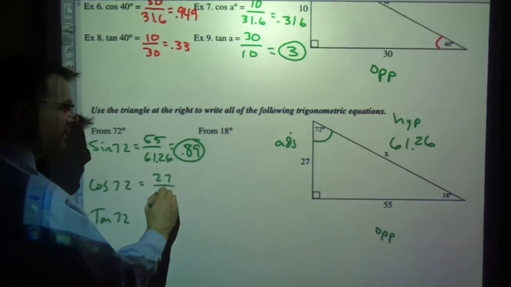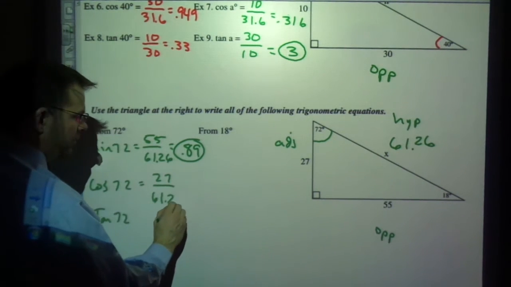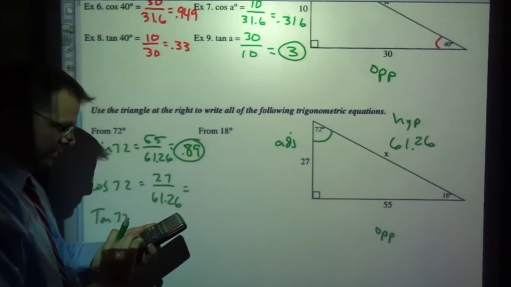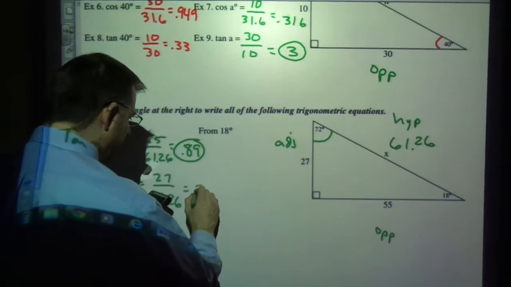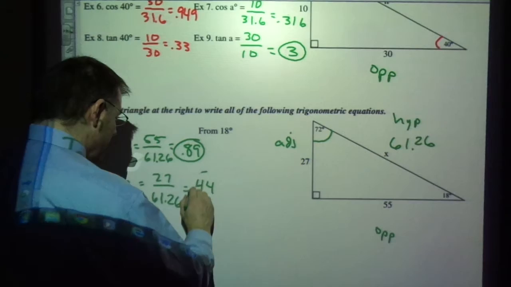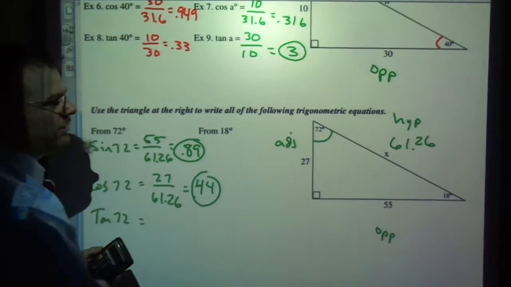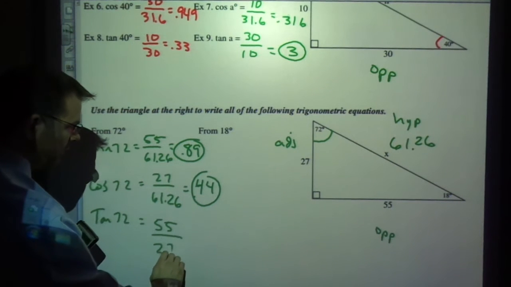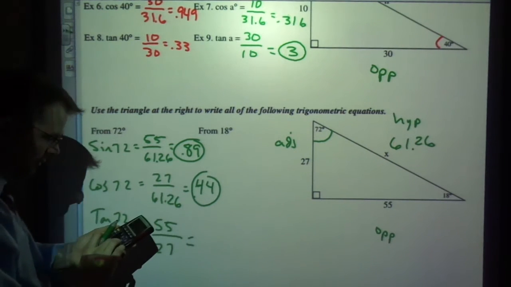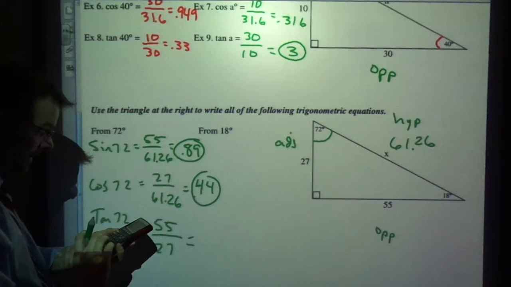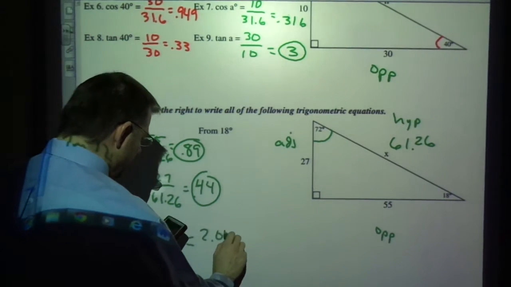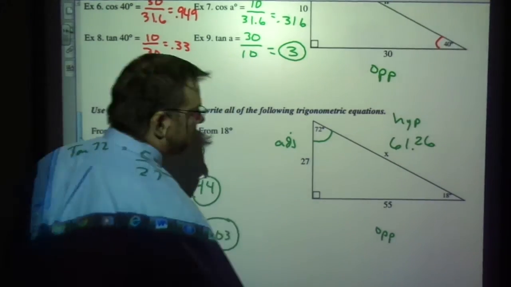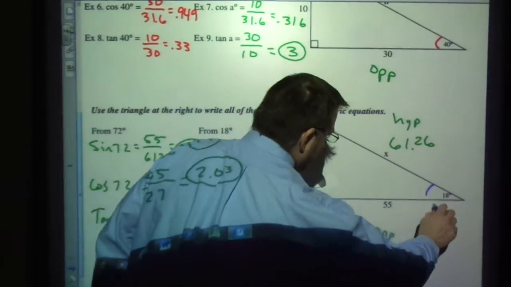So that's 27 divided by 61.26. I get 0.44. And the tangent of 72 is opposite over adjacent. It's 55 over 27. It's a little more than 2. And that is 2.03.